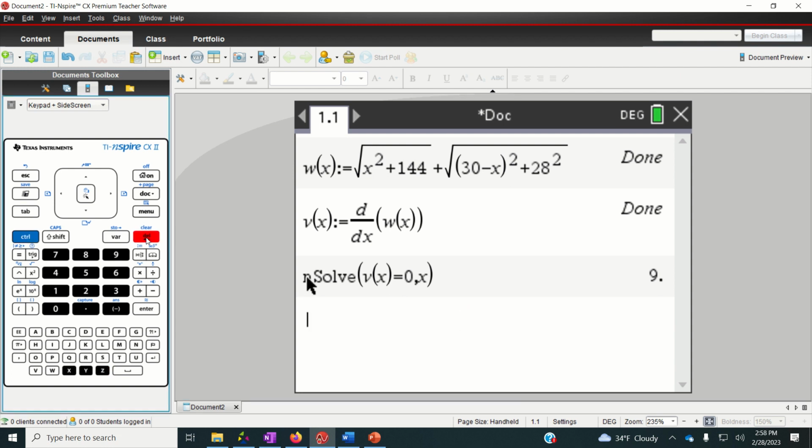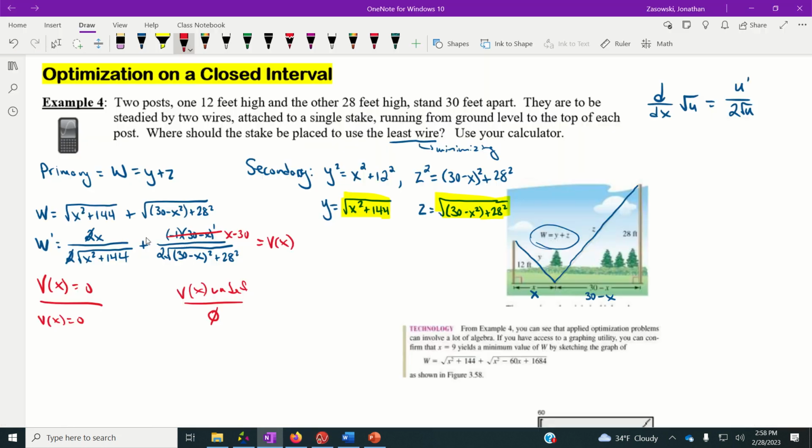All right. Now, we know that it's happening at 9. We want to check what's going on around 9. Because remember, if we're using our first derivative test, we know that this is 9. We want to check something to the other side of 9 over here, what's happening, let's say, at 0, and then what's happening over here, let's say, at 10.